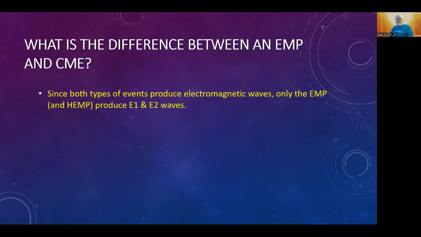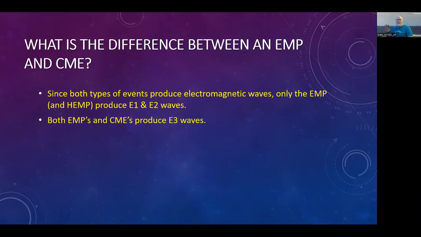So, what's the difference between an EMP or electromagnetic pulse and a coronal mass ejection? Well, very simple. Both types of events produce electromagnetic waves, but only an EMP and consequently a high altitude EMP, produce the E1 and E2 waves. Both EMPs and CMEs produce E3 waves.